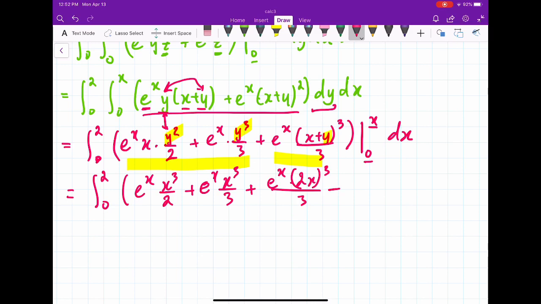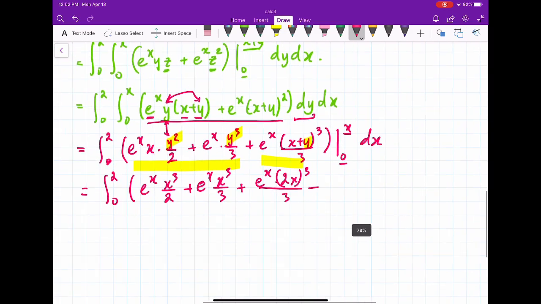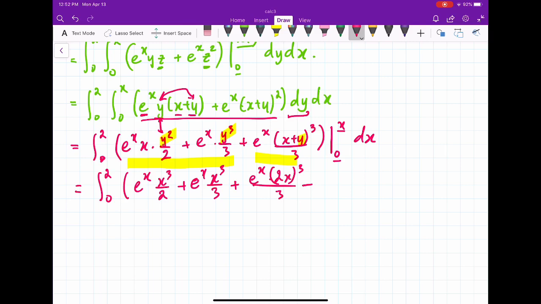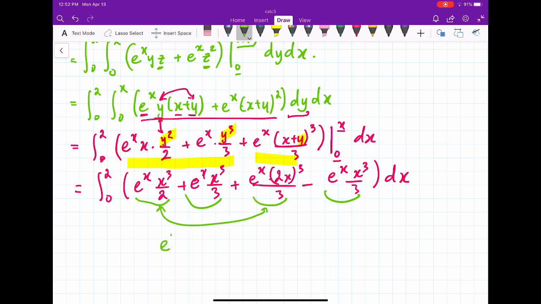And then you plug 0 into this function, the first two terms give me 0, the last term gives me e^x x cubed over 3 dx. So you might simplify. For example, this term and this term will be cancelled out. You have this term with this term only, right? So if you take e^x out, you get, let's say, e^x x cubed.